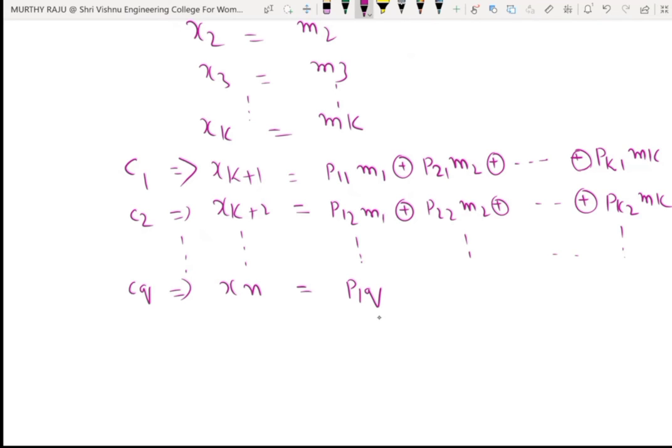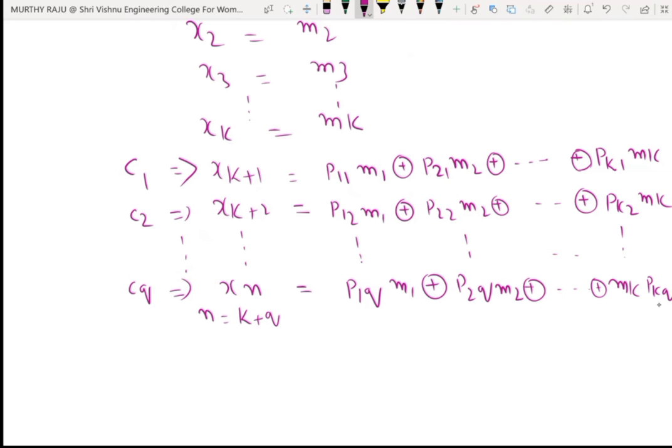Here, Q is called the number of parity bits. C1 = M1 exclusive-OR P11, M2 exclusive-OR P21, and so on up to MK, PK1. Likewise for the other parity bits up to CQ = M1 P1Q exclusive-OR M2 P2Q and so on, MK PKQ. Here n is equal to k plus q.